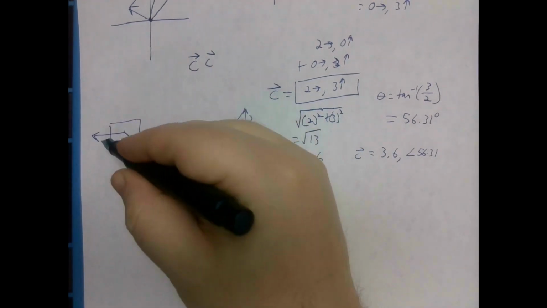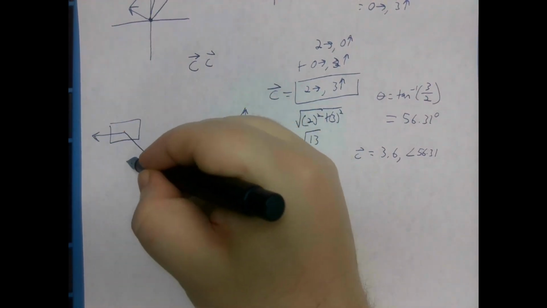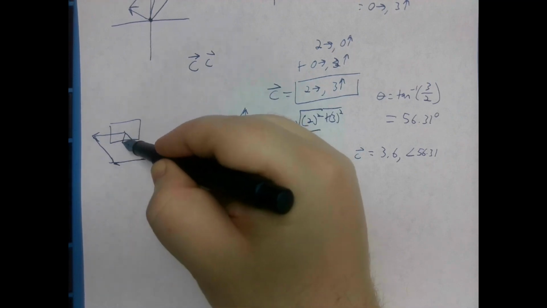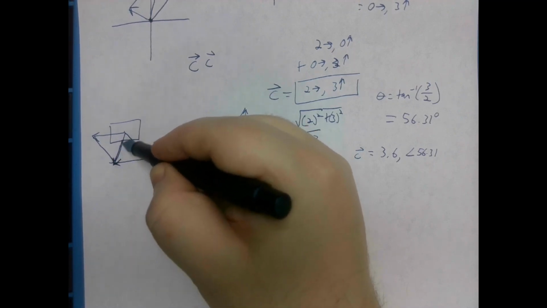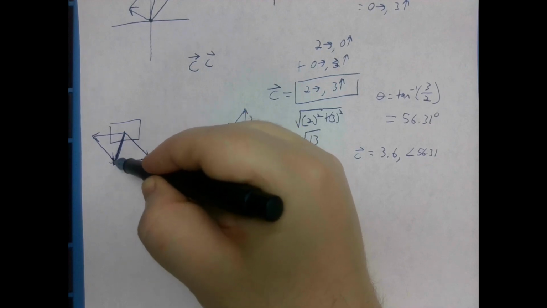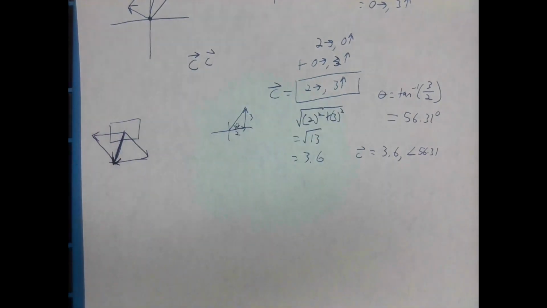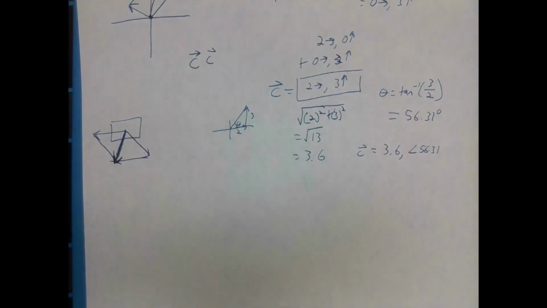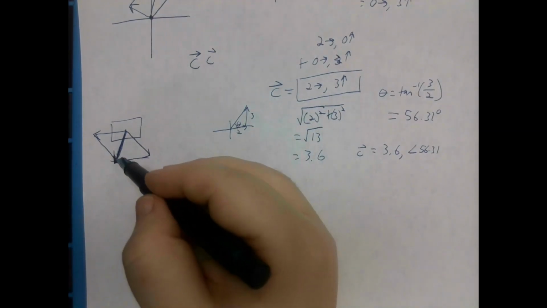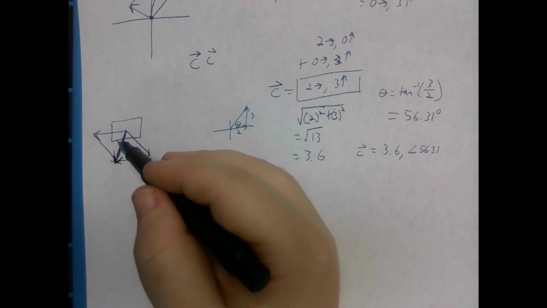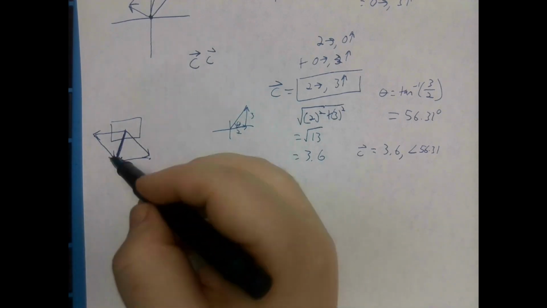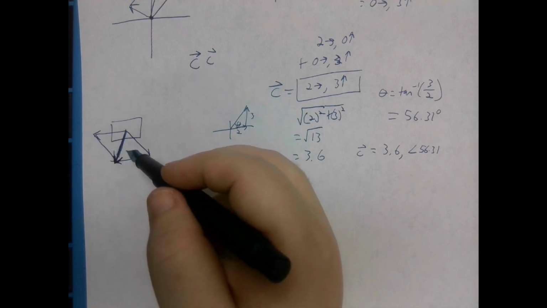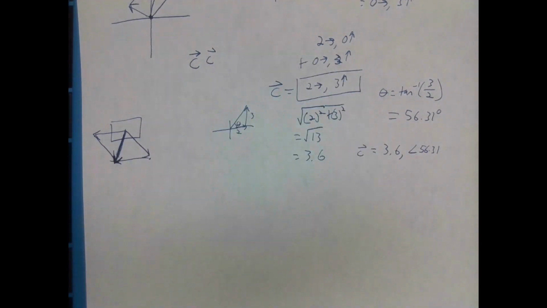Well, copying the same length of vector, we see a parallelogram. You should be able to see that it's going to go in this direction right here. It should be down slightly to the left. When you do all your math, you should get angles and magnitude. This is a little bit shorter than both of these. So you should get an answer that's slightly smaller in magnitude or comparable in magnitude to these, with an angle that's pointing down and to the left.